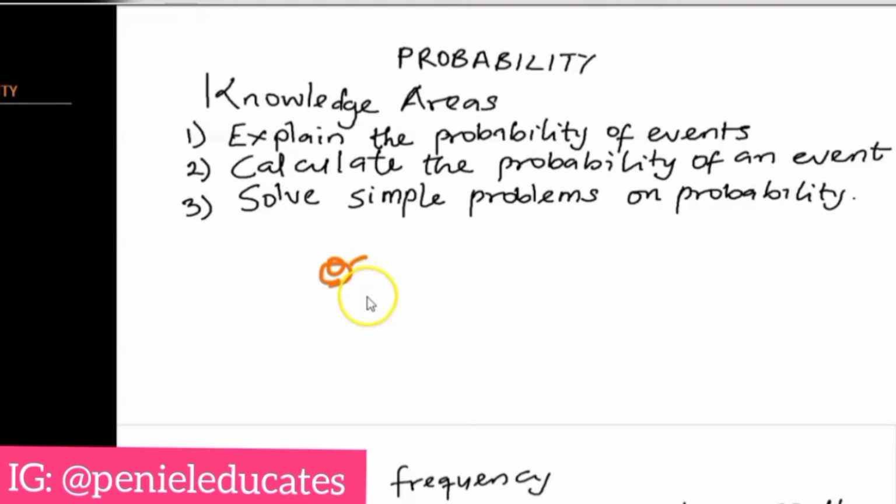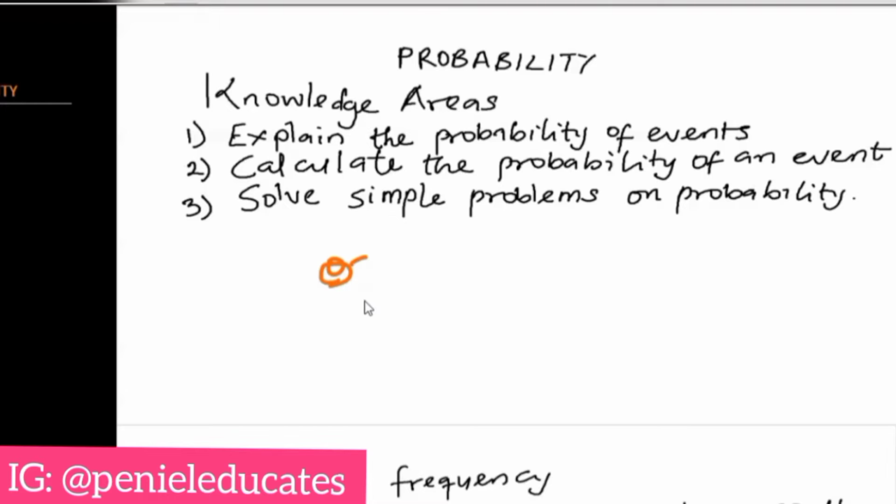It's not possible. And we also have the probability of a value of 1, which stands for a must-happen event, an event that is certain. For example, every human being must die. That is certain. That is a probability of 1.